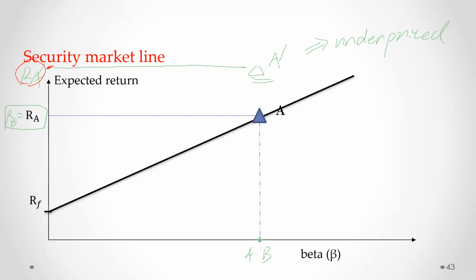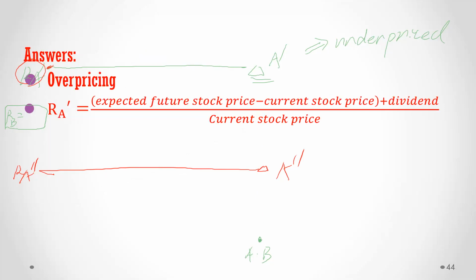So vice versa. If A lies below the security market line, this means that at the current market price, A's current price can only provide a lower expected return. So in this case, A's current price is probably overpriced, because we have discussed the equation here.